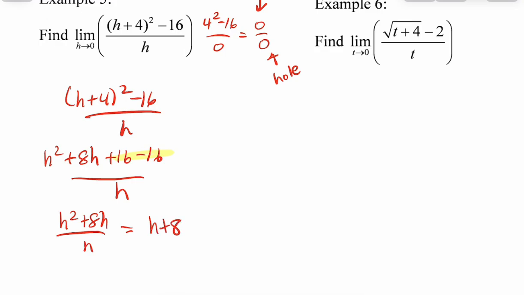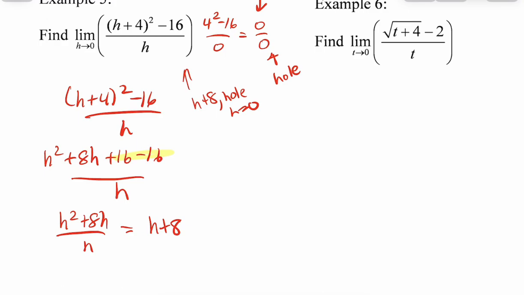So that means that function up there that looks very complicated and disgusting will look exactly like h plus 8 with a hole in it. So our function up here is really h plus 8 with a hole when h equals 0. Does a hole matter when we're doing limits? Sure doesn't.